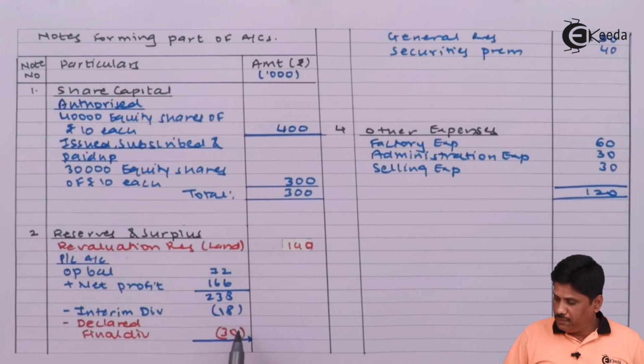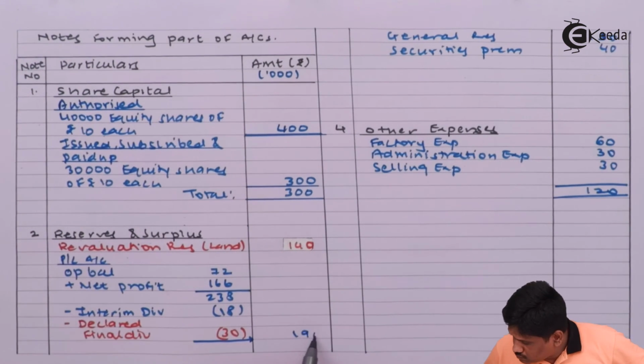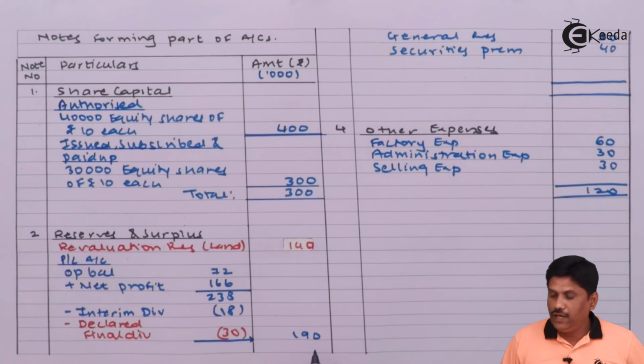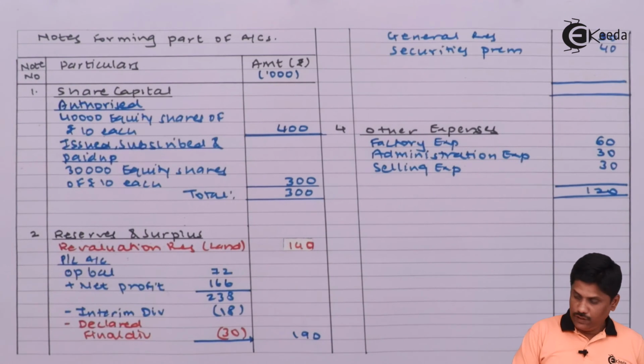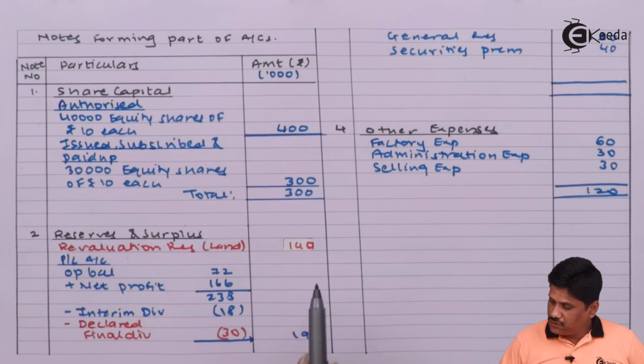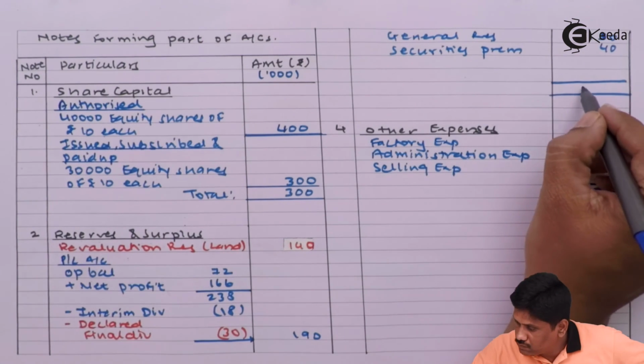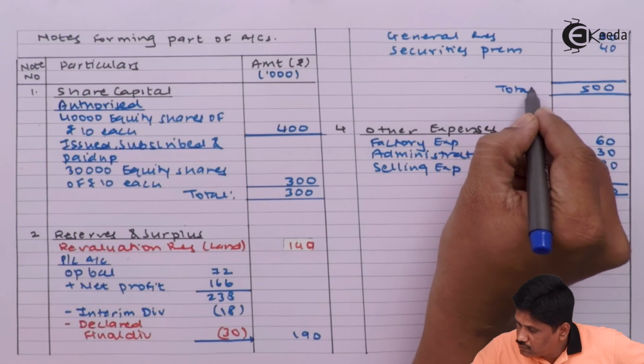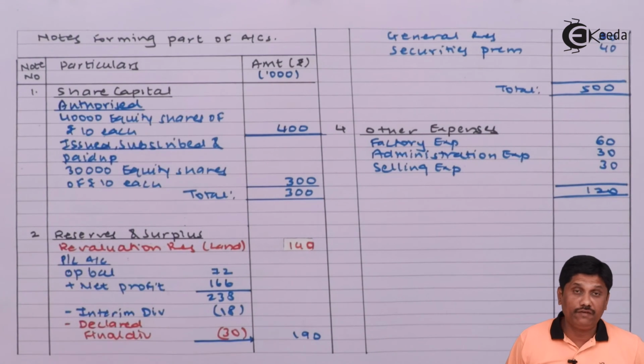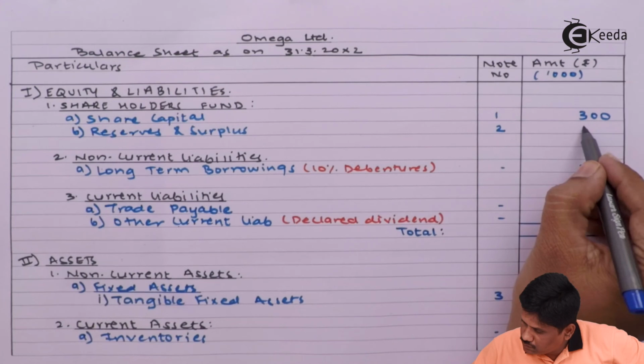From that, these two amounts will be minus. P&L account net is 190, and now I will take a total. Revaluation reserve 140 plus 190. Total 500 reserves and surplus I will note down in my balance sheet.